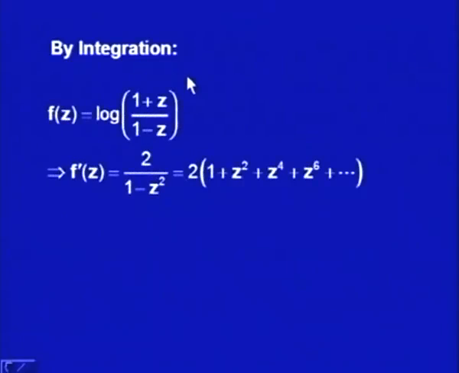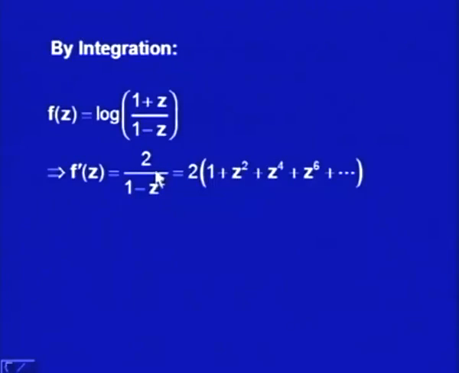In another example, we arrive at a Taylor series by using integration. Let us consider f(z) equal to log of (1 plus z) over (1 minus z). When we differentiate this, f dash z comes out to be 2 over 1 minus z square.